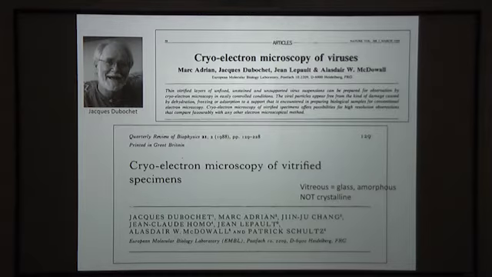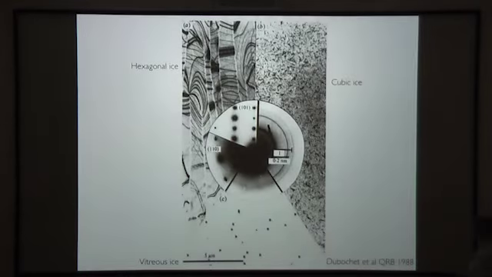He really elegantly explains how he was studying water and ways to make it vitreous, as in not a crystalline state. This is from the Quarterly Reviews in Biophysics paper, where Jacques Dubochet shows hexagonal ice, cubic ice, the crystalline forms, as well as vitreous ice, and discusses their properties, where they come from, and how to avoid them.